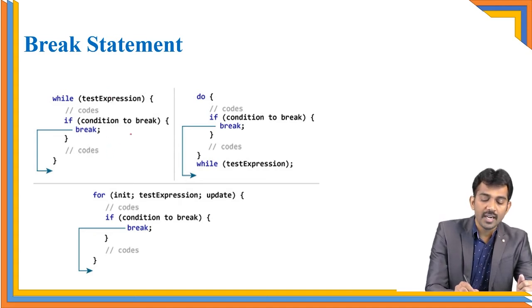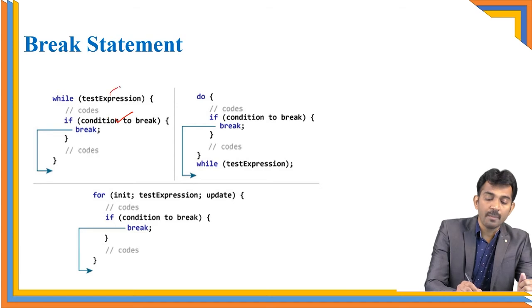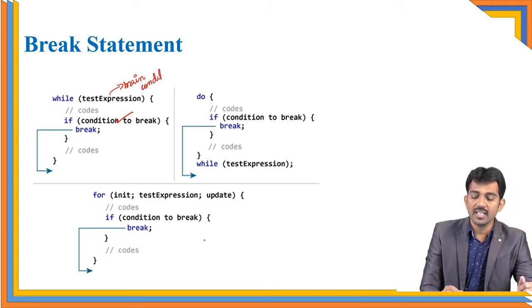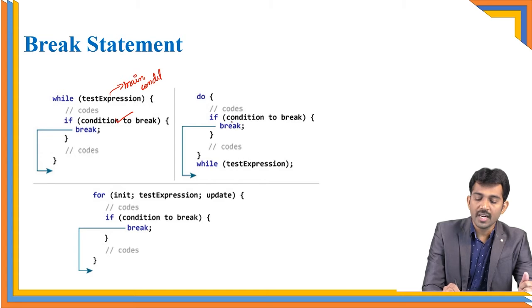But for the break, when the condition for the break goes to true, you just get out of the loop without worrying about the main condition. And the same here also, if the condition is true, by default you just get out of the loop.